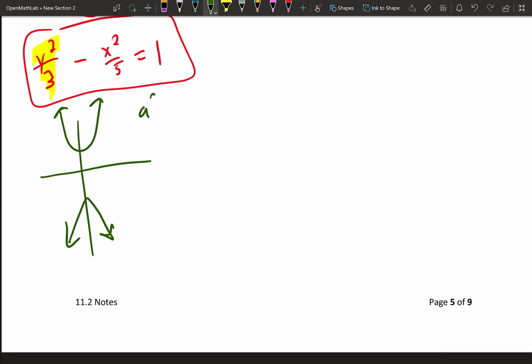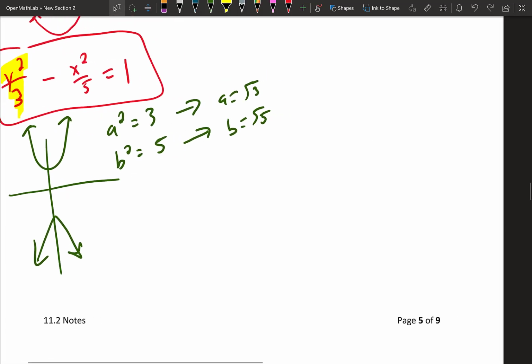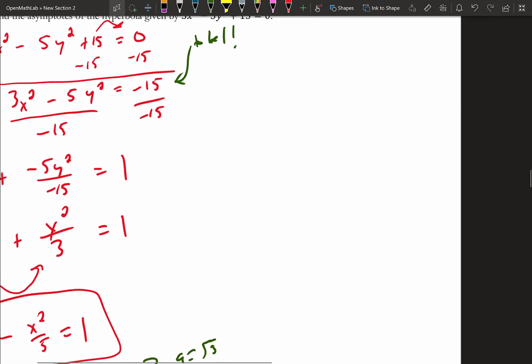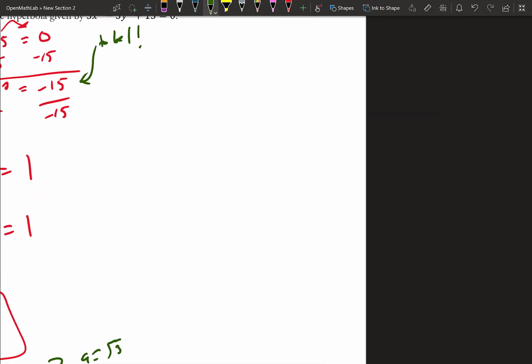That also tells me that a squared is 3, and that leaves b squared equal to 5. So a is radical 3 and b is radical 5. Since they're opening up and downward, I know that the equation for the asymptotes, which is what we're after, is y equals a divided by b times x, and y equals negative a divided by b times x.